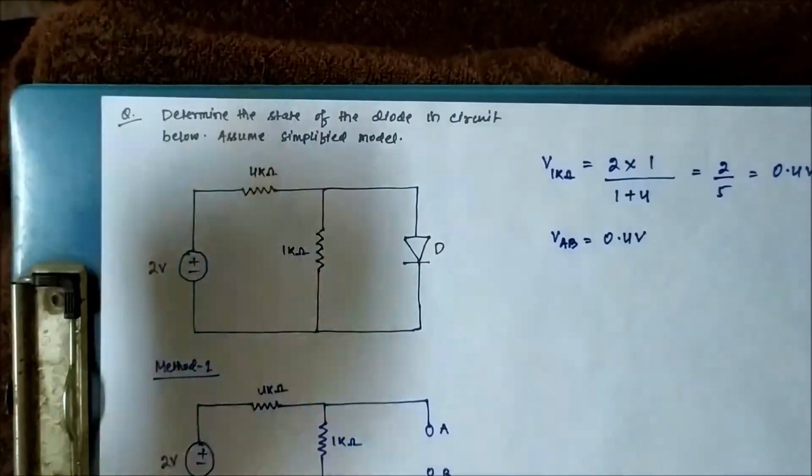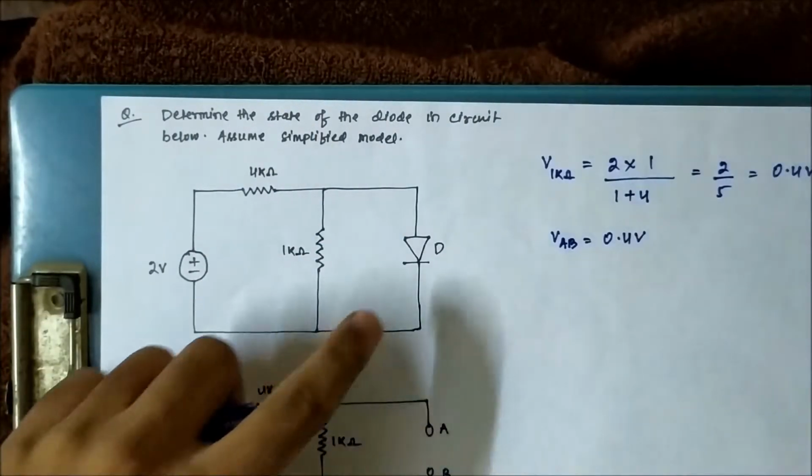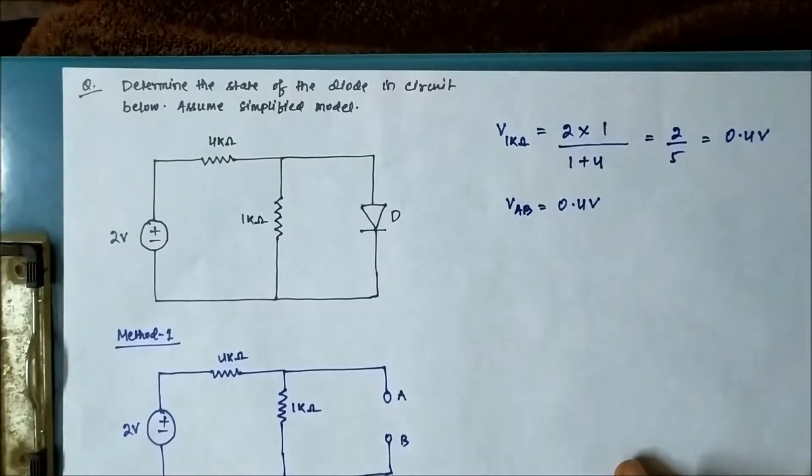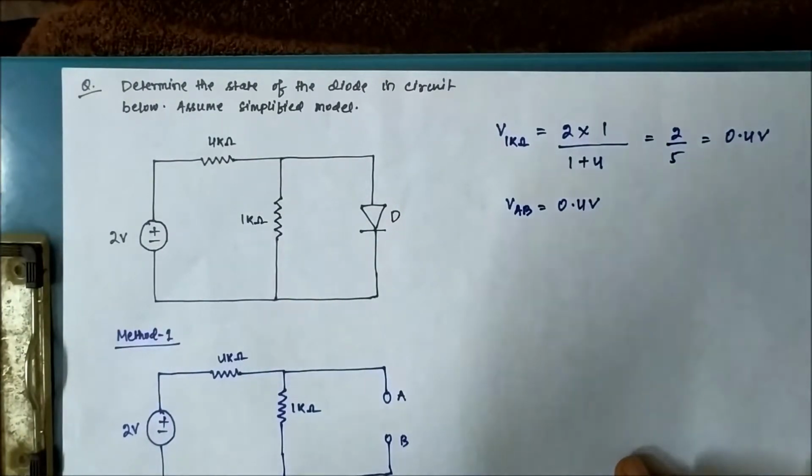Now here it has not been mentioned whether the diode is silicon or germanium. Remember one important thing: whenever nothing is mentioned in the question about the cut-in voltage of the diode, or what type of diode it is, whether a silicon diode or a germanium diode, you have to consider that it is silicon by default.